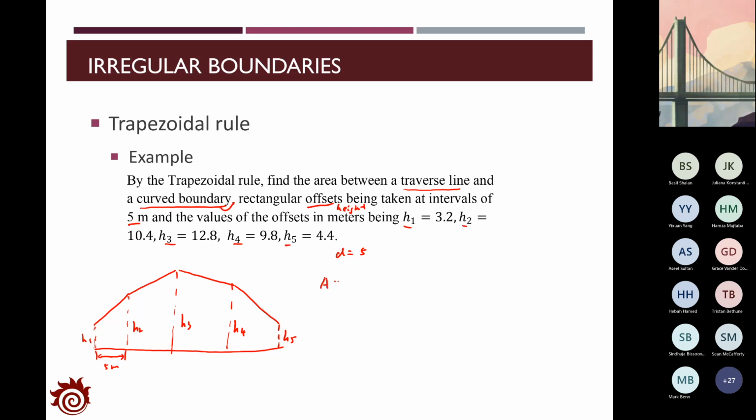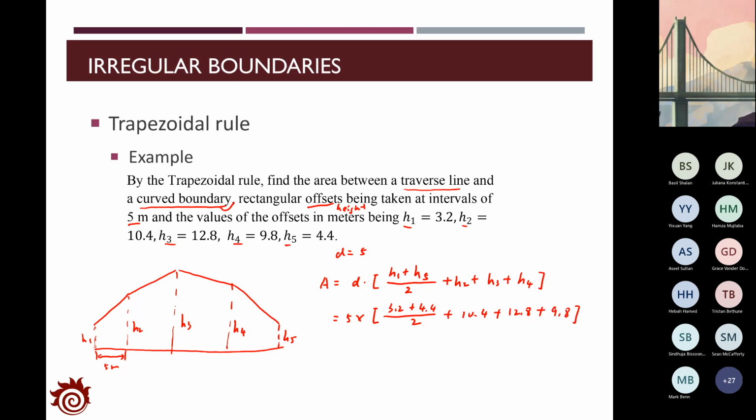We have A equal to d times (h1 plus hn), which for this case will be h5, the last offset or the last height, plus h2 plus h3 and h4. So we have 5 times h1 is 3.2 meters, h5 is 4.4 meters, divided by 2, plus h2 is 10.4, h3 is 12.8, and h4 is 9.8.